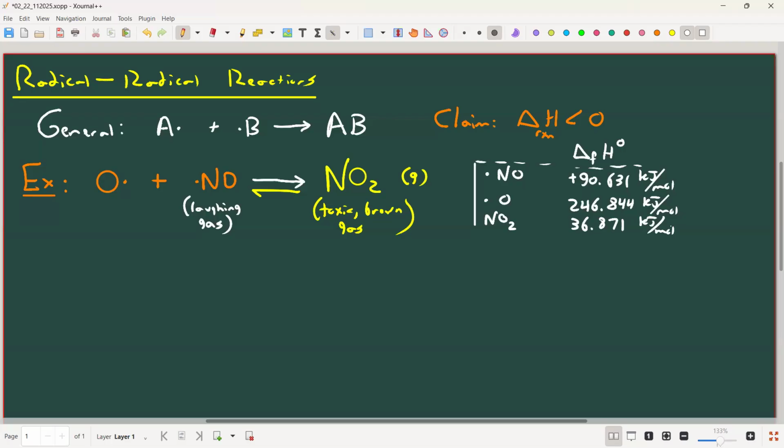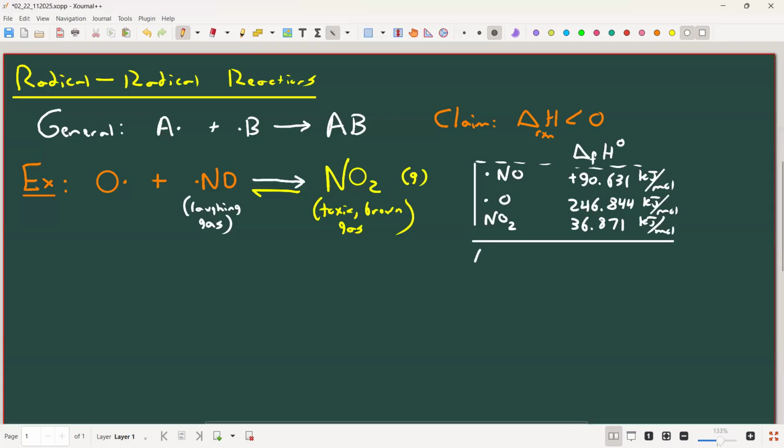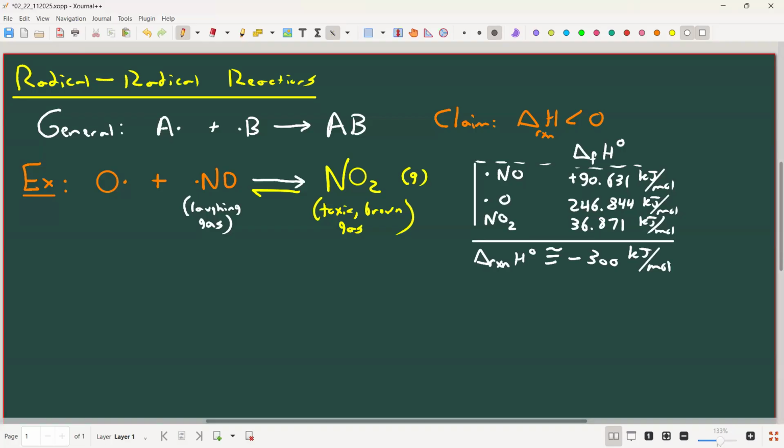When we calculate the reaction enthalpy, we take this number, 36, and subtract the sum of these two, and this is negative, because the sum is 336, and you're subtracting 336 from 36. So the reaction enthalpy at standard conditions is about minus 300 kilojoules per mole. So this is an exothermic reaction.